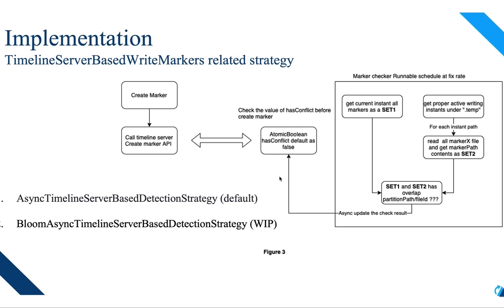This is to avoid two writers discovering conflicts with each other at the same time and failing together. Such conflict detection logic based on the instance time is consistent with the existing pre-commit conflict detection.